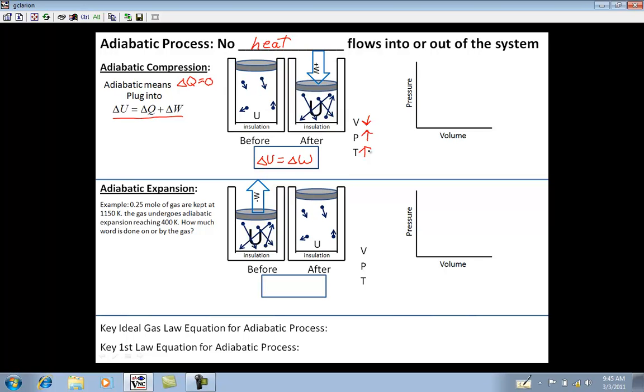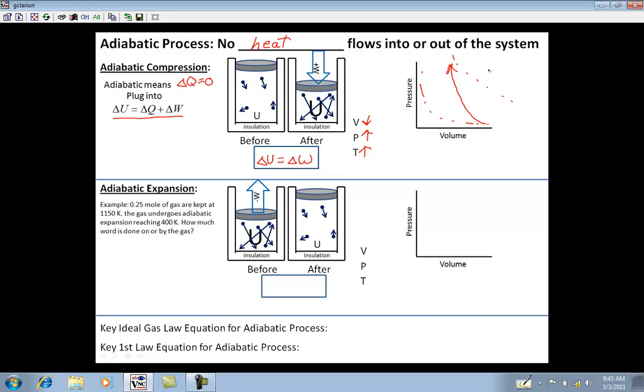So this is what this looks like on the pressure volume graph, or the PV graph. Okay, you're going to have to look at a lot of PV graphs. So what I'm drawing here, these are two different isotherms. Okay, and in an adiabatic compression, what happens is you go from the lower isotherm up to the higher isotherm.